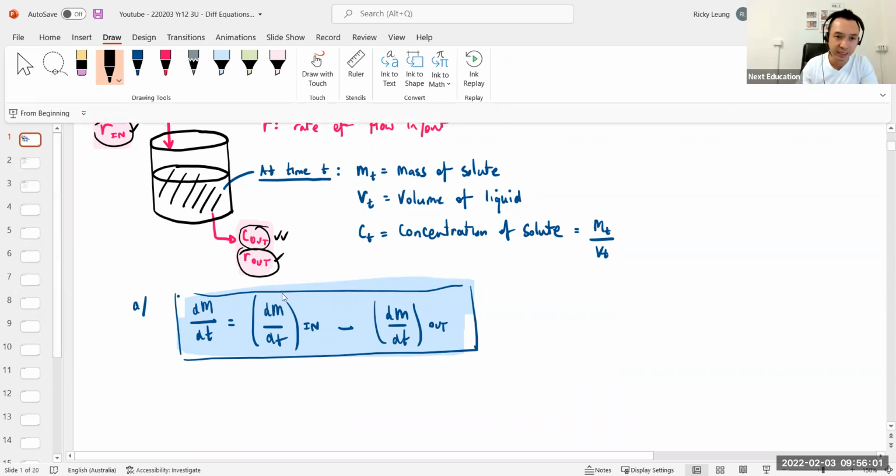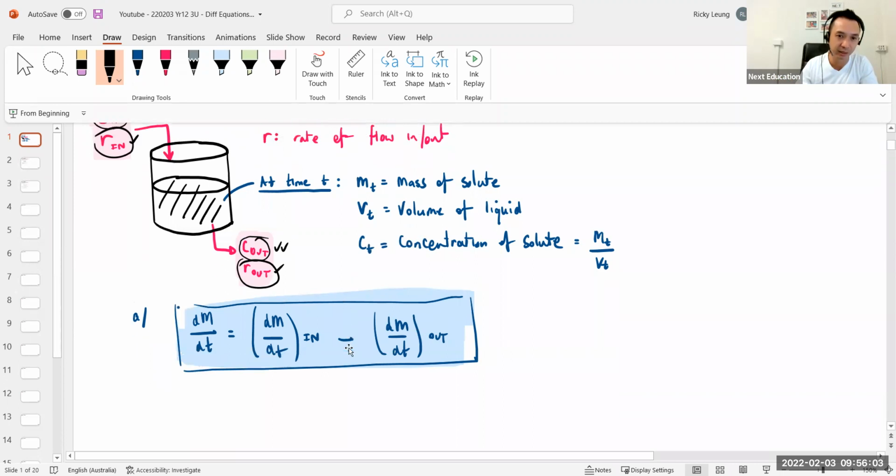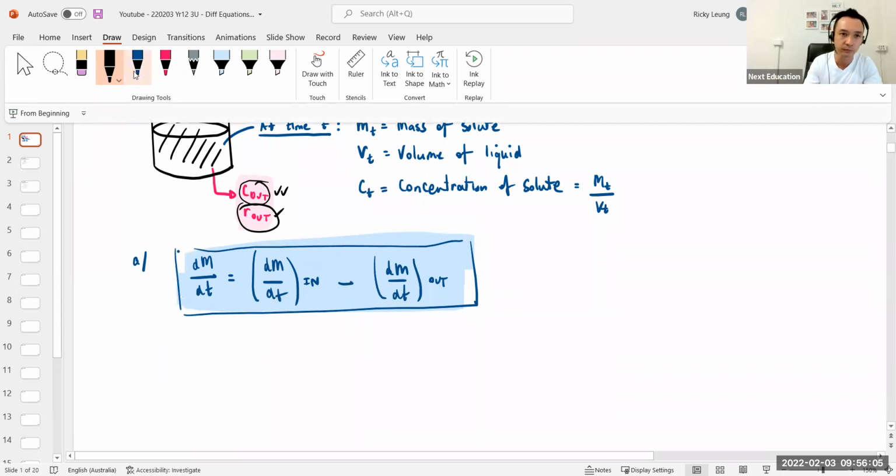Now, how do we link this blue expression with the pink inputs? This is how I'm going to do it. Can you see I'm going to split this derivative expression to make it look like this. So I'm still going to go something in minus something out.